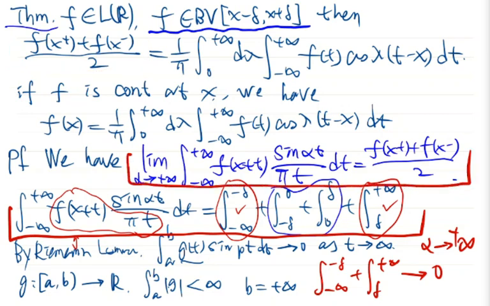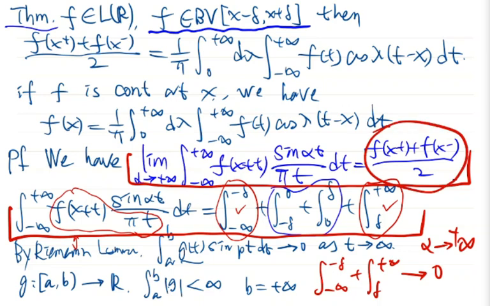Okay, so at this point we just proved this result, because the integral in this limit is decomposed into 4 parts, and the first and the fourth part go to 0. The middle 2 parts converge to half of the right and the left limit of f at x respectively. Therefore, altogether, the whole integral goes to this number. Okay, so this proves this result.